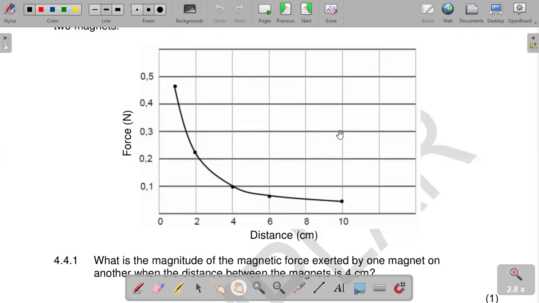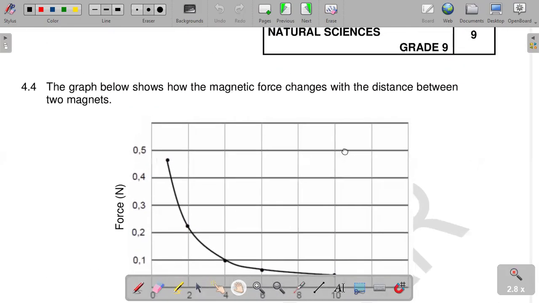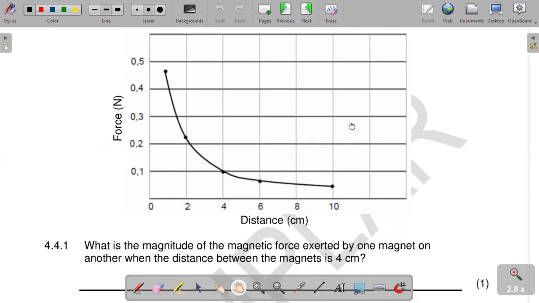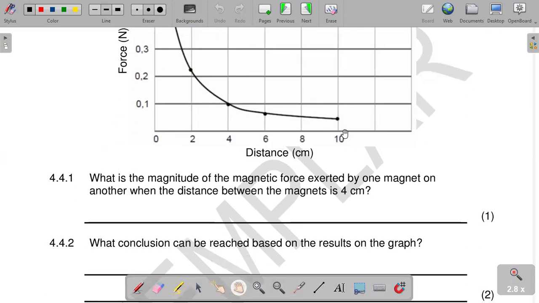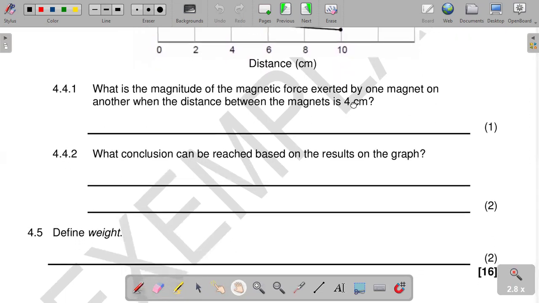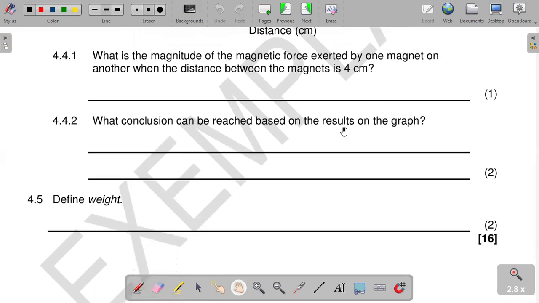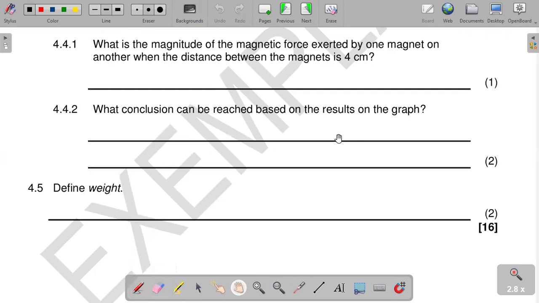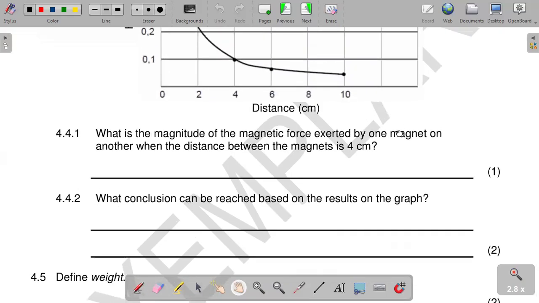Okay. Now 4.4.1. So they're asking, what is the magnitude of the magnetic force exerted by one magnet on another when the distance between the magnets is 4 centimeters?